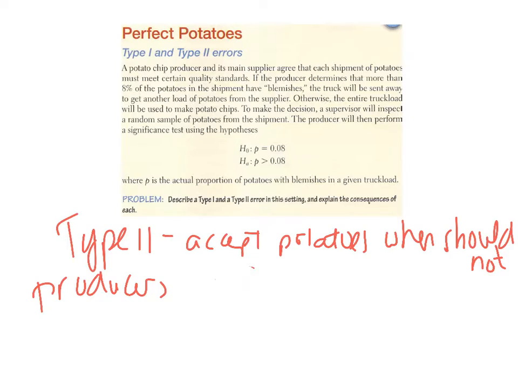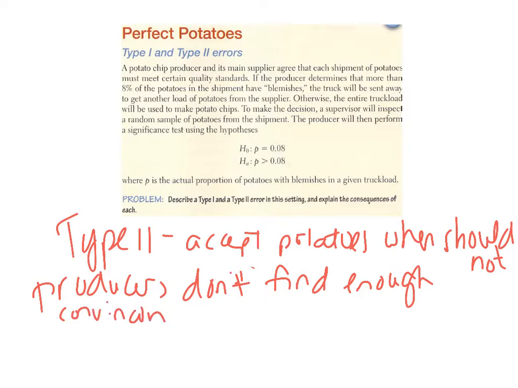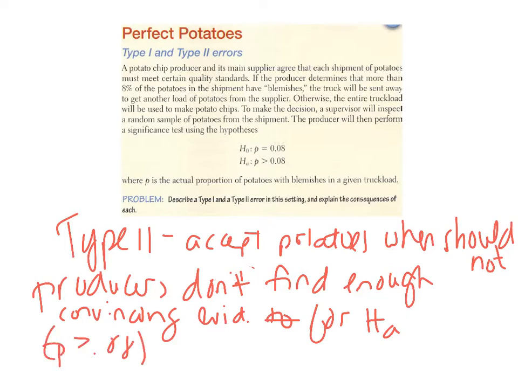So the producers don't find enough convincing evidence for that alternative hypothesis. Okay, so they keep the truck. And basically what this means is I have a p-value greater than 0.08, and I did not realize it. So again, the second part of this question is my consequences.